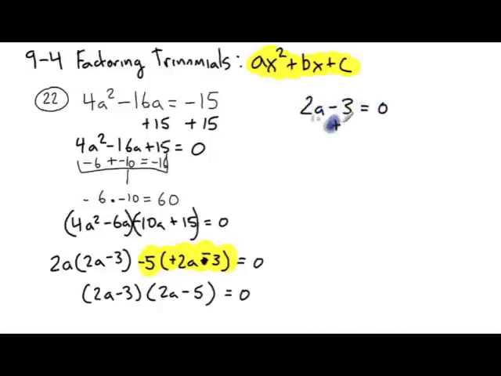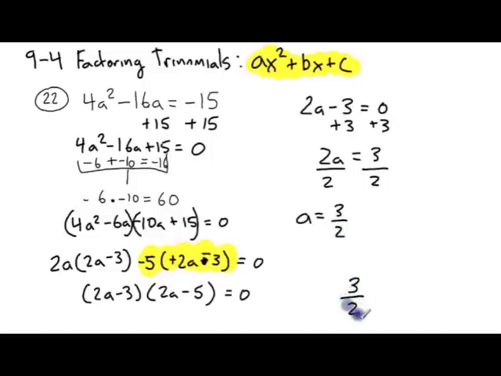So it's really easy. You just have to do the work to solve for a. That's 3. Of course, we need to divide by 2. And for our first problem, we have a equals 3 over 2. So that's our first answer, 3 over 2. Now for the next one, we have 2a minus 5 equals 0.